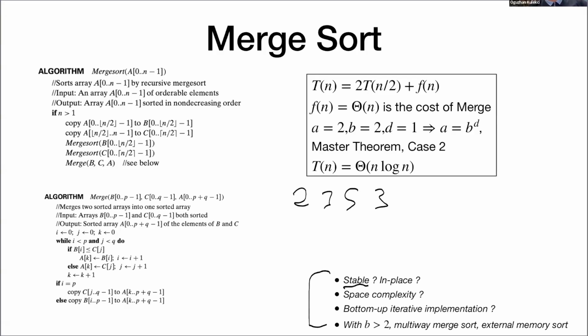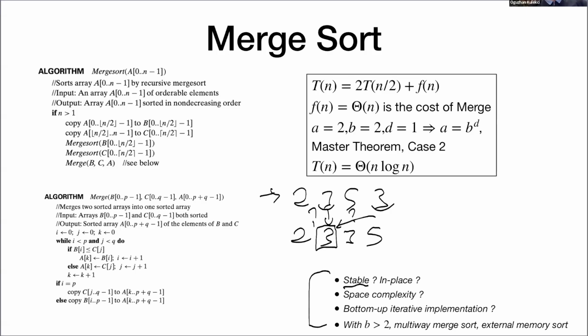Let's say this is my array. And then you sorted this array: 2, 3, 3, and 5. You see there are 2 values of 3 here, right? So when you see this 3, is it the first one or the second one?